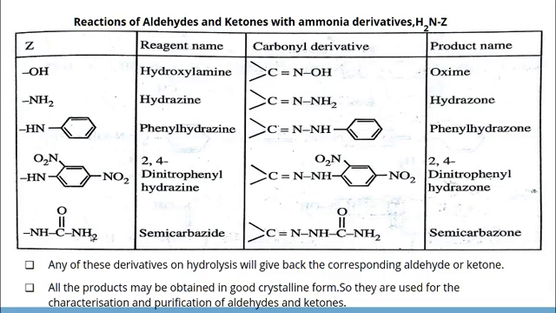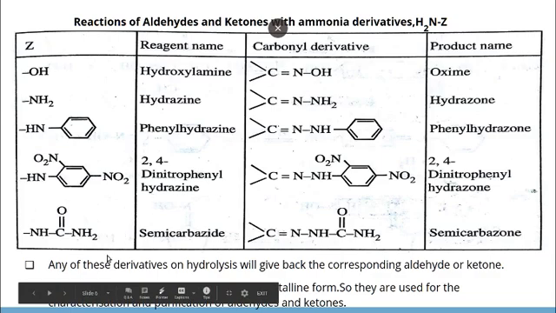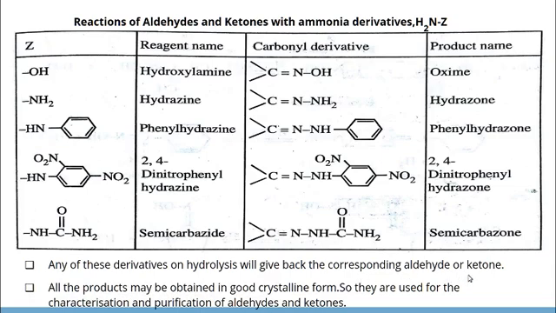And the last one is semicarbazide, NH2NHCONH2, which on treating with a carbonyl compound, aldehyde or ketone, gives a carbonyl derivative, and the product name is semicarbazone. Any of these derivatives on hydrolysis will give back the corresponding aldehyde or ketone. So on treating these products with water, that means on hydrolysis, we will get the aldehyde and ketone back.